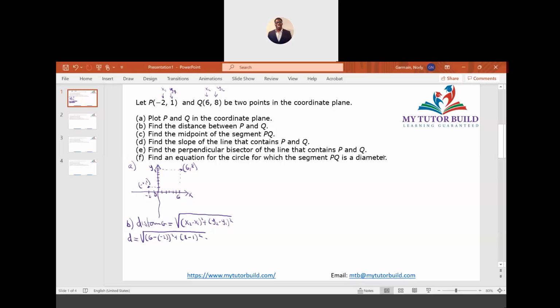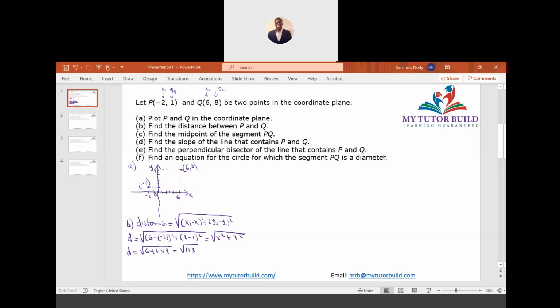When you subtract, 2 negatives give you a positive, so you end up having 8 squared plus 7 squared. Rewriting, 8 squared is 64 and 7 squared is 49. When you add these two numbers, it gives you the square root of 113.